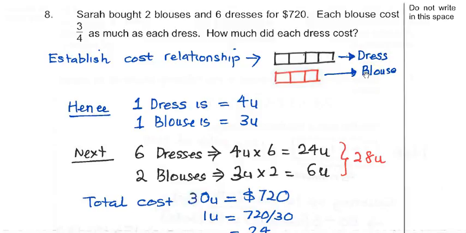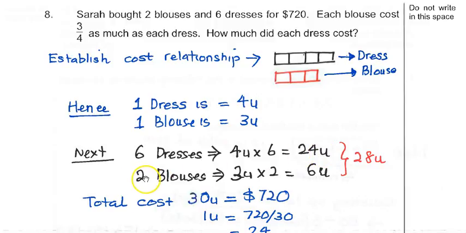Okay, once you get this, you are able to determine that one dress is 4 units, one blouse is 3 units. Now next, if you have 6 dresses, you take 4 units times 6. Can you see? One dress is 4 units, 6 dresses you times 6 gives you 24.